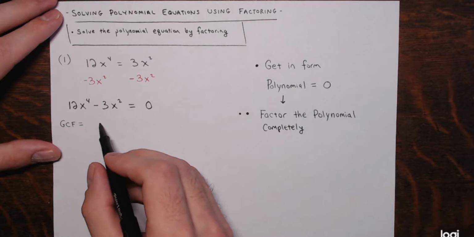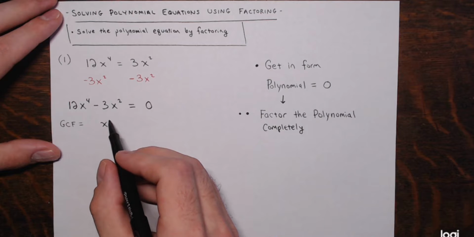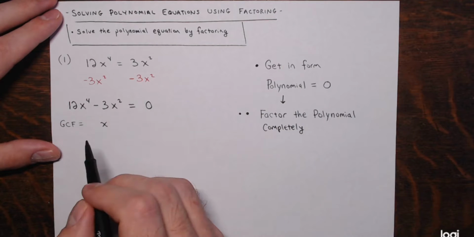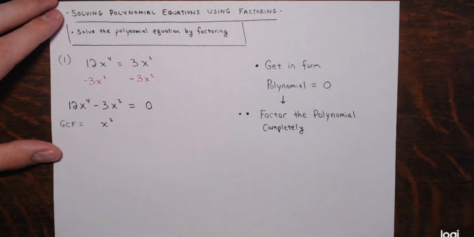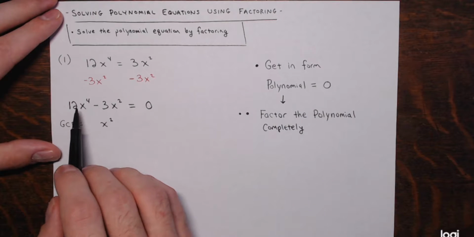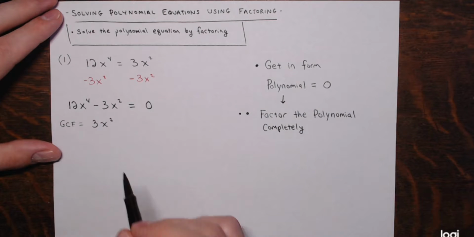So the greatest common factor is going to have a power of x, and the power on x in the greatest common factor is the smallest of those powers that are in the terms. So x to the fourth, x squared, that's the smallest, x squared. And 12 and negative 3, the largest common factor of those two is 3. 3 goes into both of those evenly.